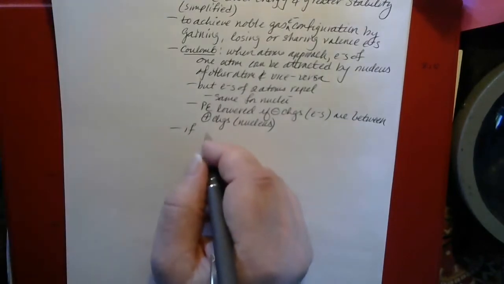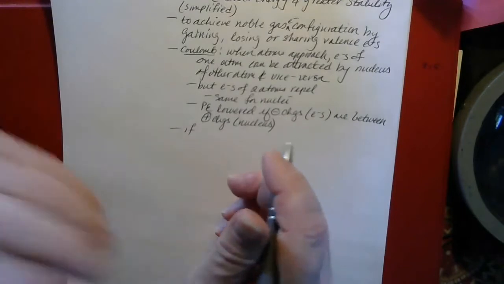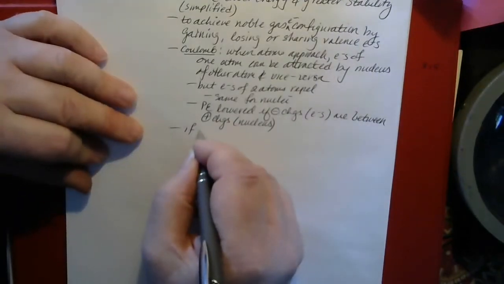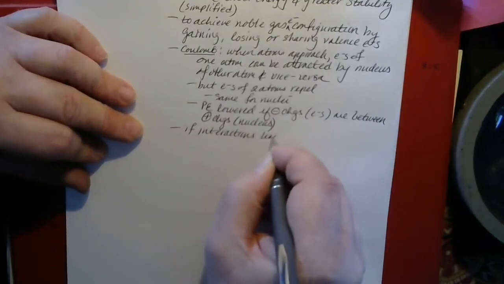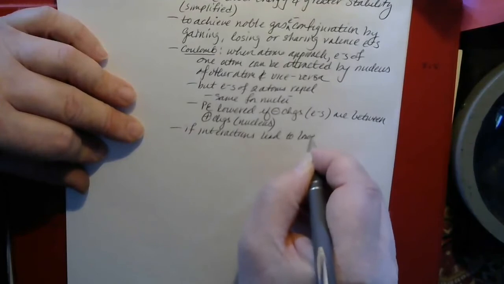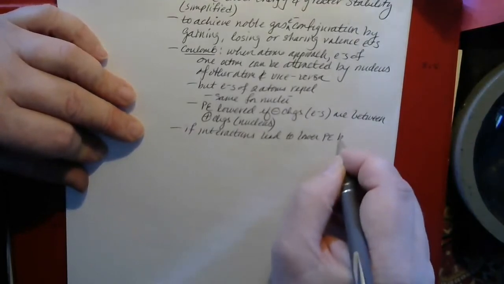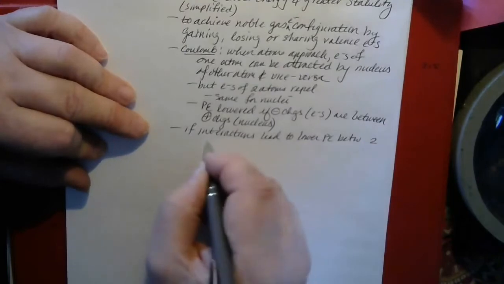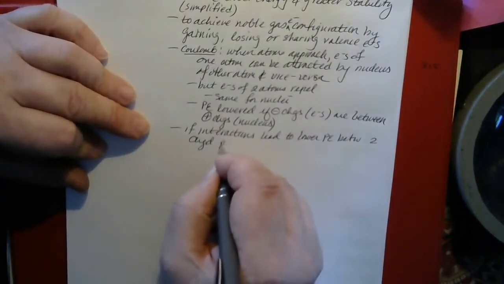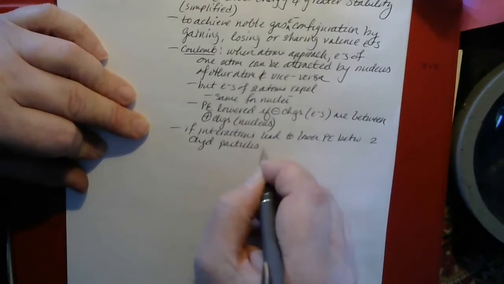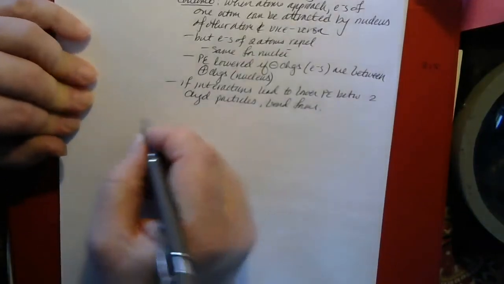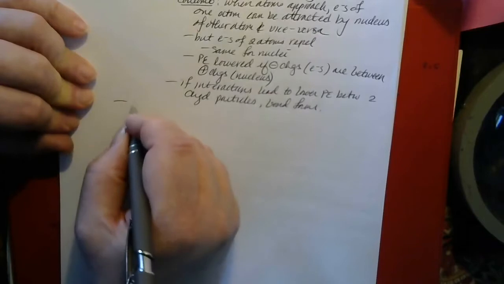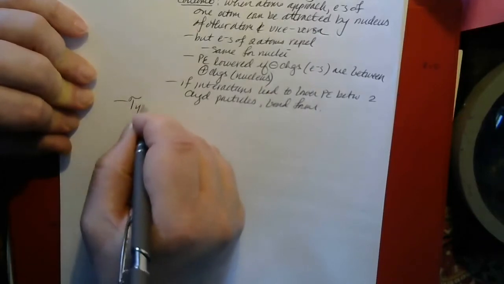So if the interactions lead to a lowering of the potential energy between the charged particles, the bond will form. And that's probably enough background for our purposes for why bonds form.